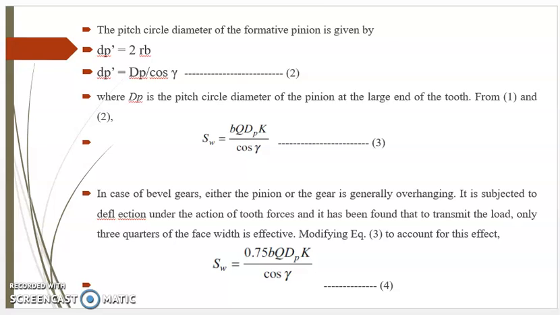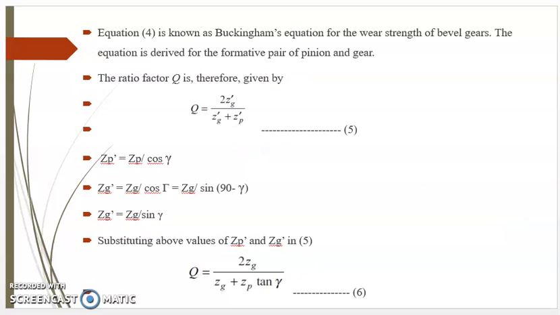Therefore, modifying equation 3 to account for this effect, we have Sw = 0.75 B Q dp K / cos gamma, equation 4. Equation 4 is known as Buckingham's equation for the wear strength of bevel gears.